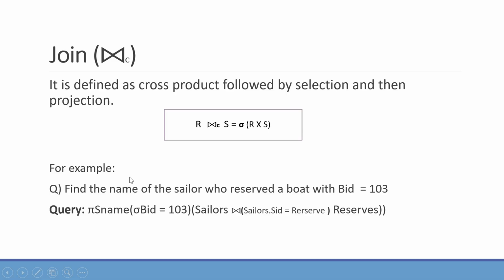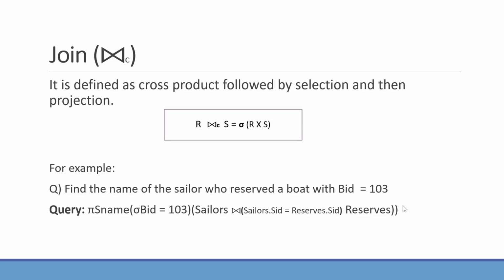Pi S name, as you want the name of the sailor, and all the sailors who have reserved a boat with BID 103 come out.